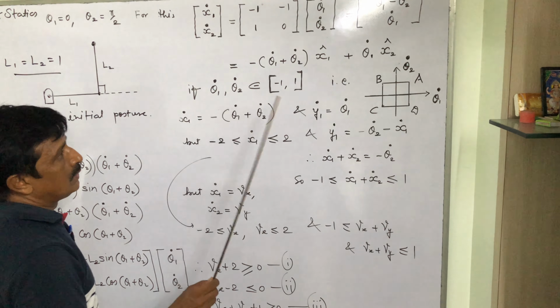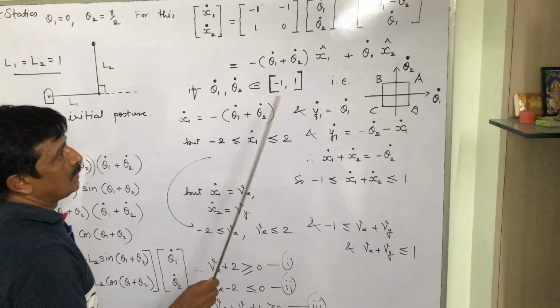If we take Vy 1, Vx should be 0. So 0 comma 1. So these are the 2 points. So this line represents Vx plus Vy minus 1 equal to 0. This is Vx plus 2 equal to 0. This is Vx minus 2 equal to 0. And this is Vx plus Vy plus 1 equal to 0.